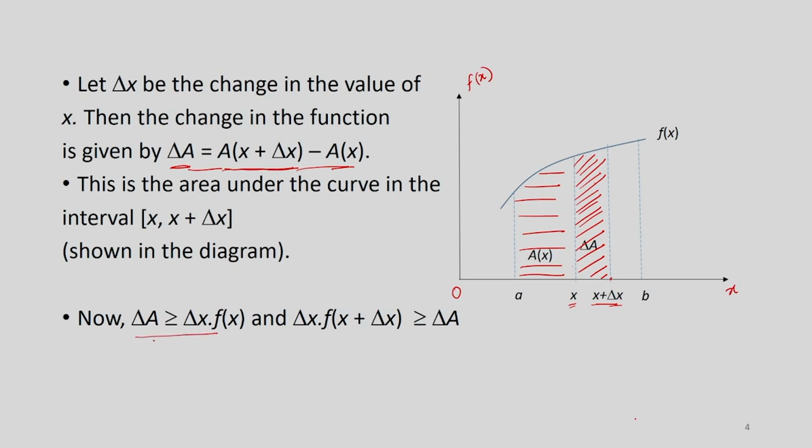We have to understand that delta A is greater than or equal to delta x multiplied by f of x. So what is this saying? Remember, what is delta A? Delta A is this entire slanted shaded region. What is being said here is this area will be greater than delta x multiplied by f of x. That is what is being claimed. Now what is delta x multiplied by f of x? What is the meaning of this claim?